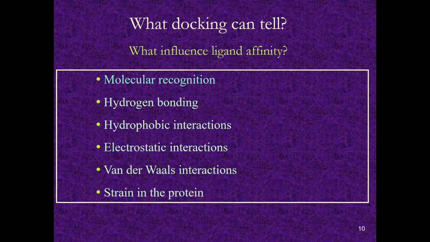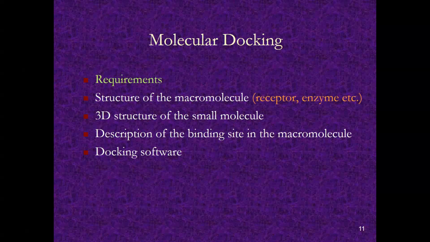Again, what are the requirements of molecular docking? Practically speaking, you need a structure of a macromolecule, either a receptor or enzyme, etc. Protein structure, macromolecules, because proteins are macromolecules.